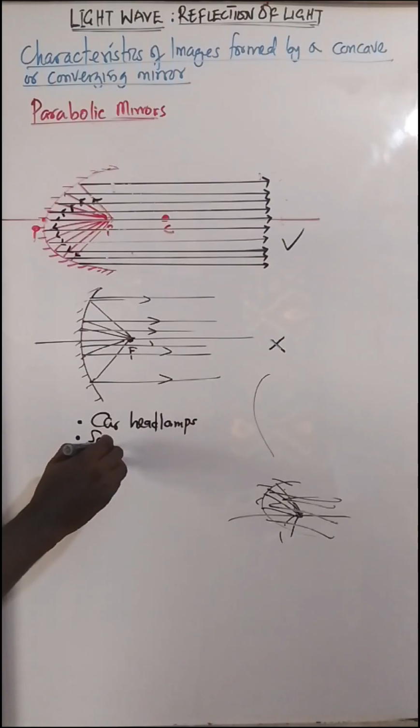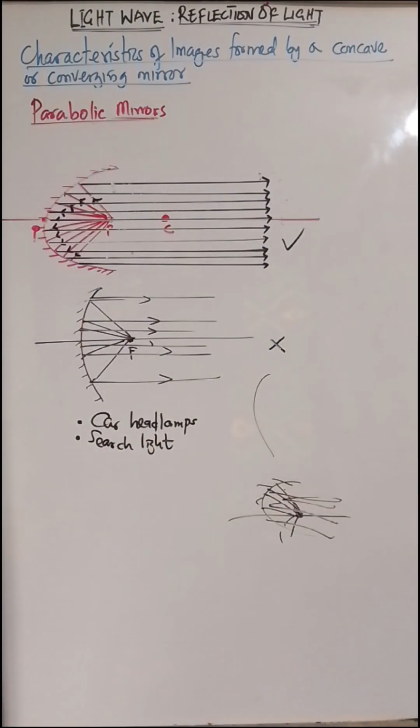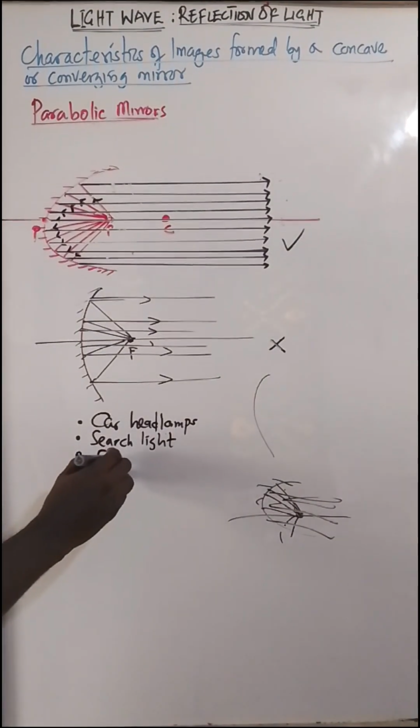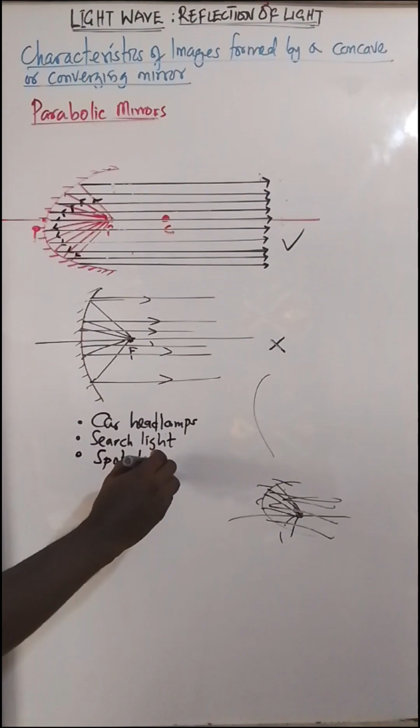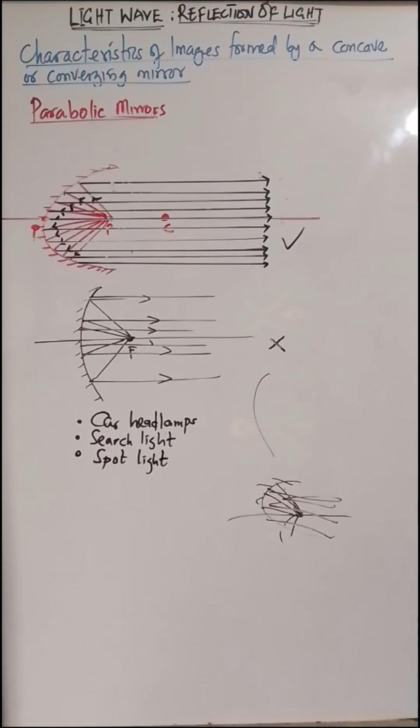They are also used in searchlights. They are also used as spotlights in concert halls. In an auditorium, when we want only the presenter to be seen, the spotlight is incident on the person.